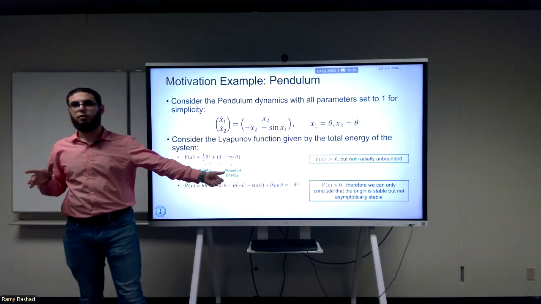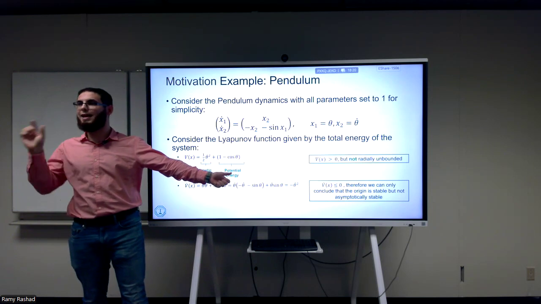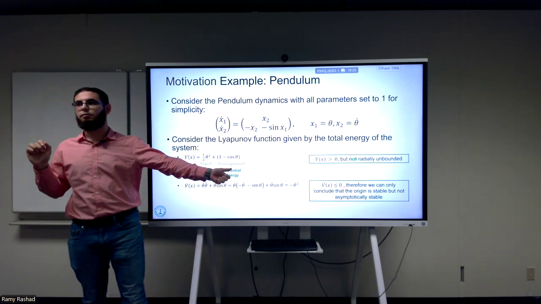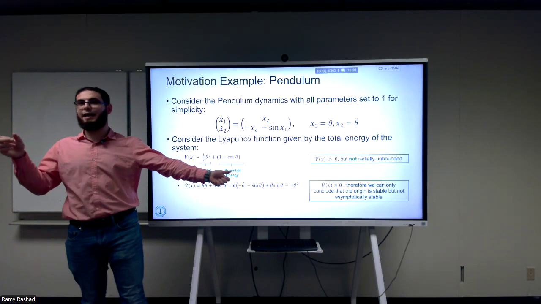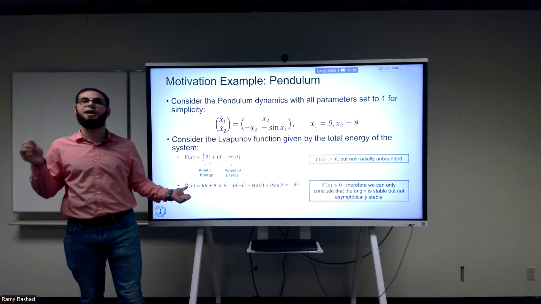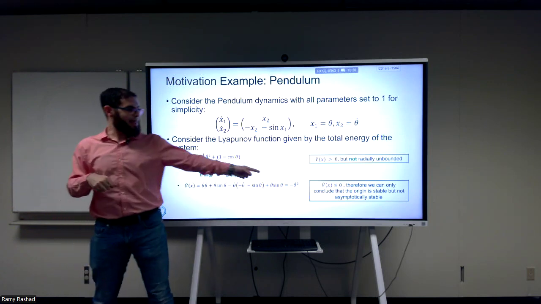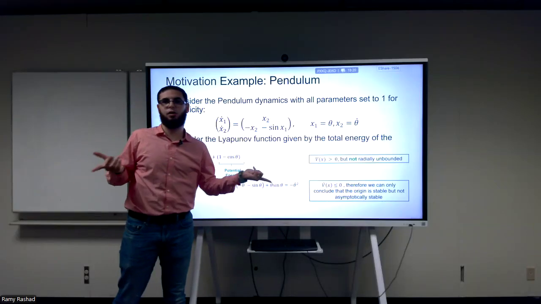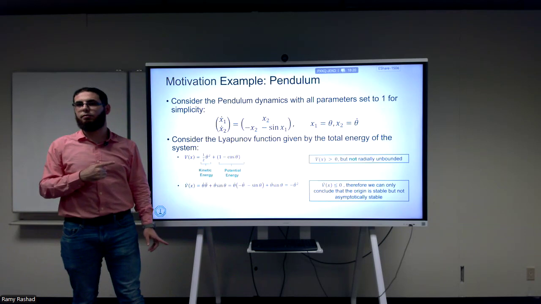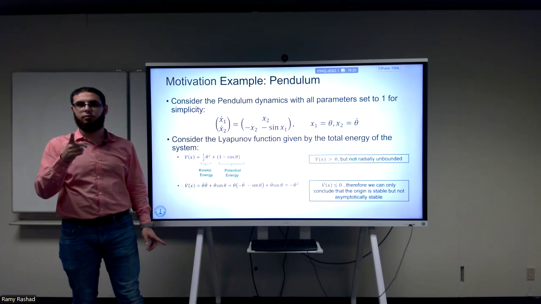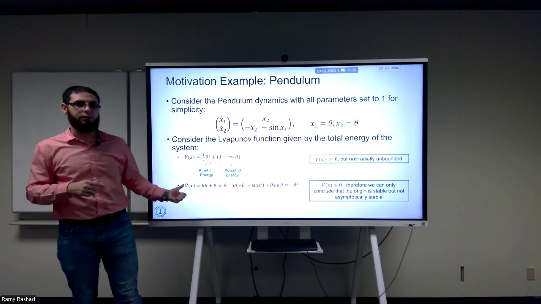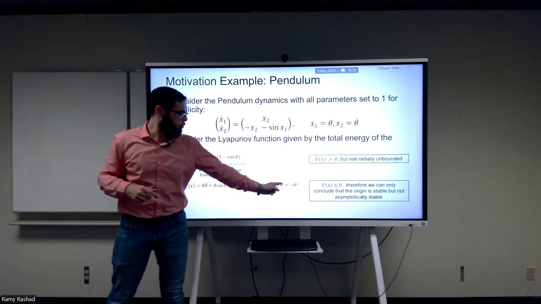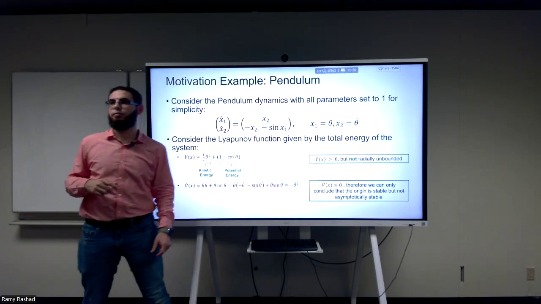That's true. But what about theta? V dot can be equal to 0 without theta being equal to 0, because you only get theta dot here. Is that clear? Again, V dot is equal to minus theta dot squared.